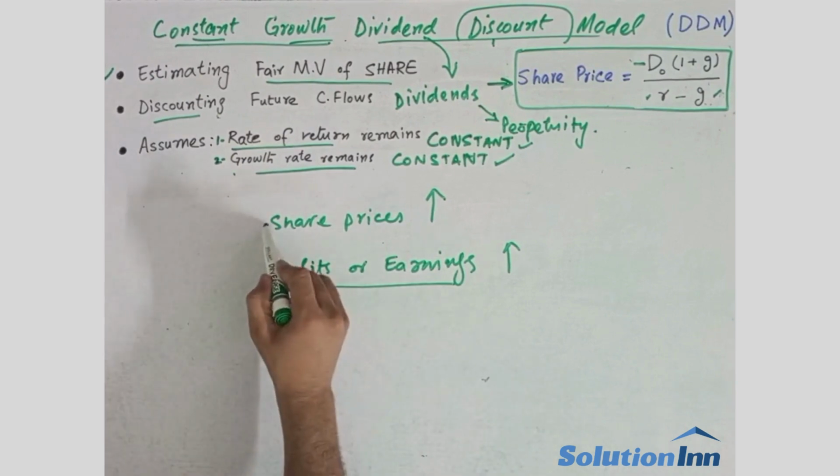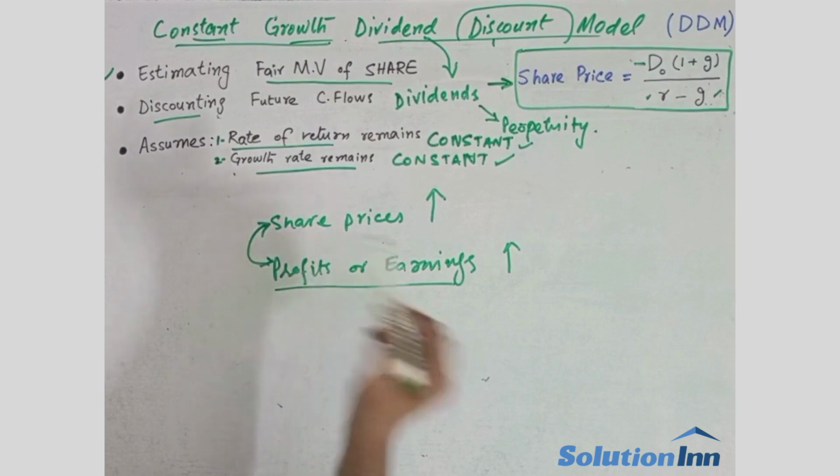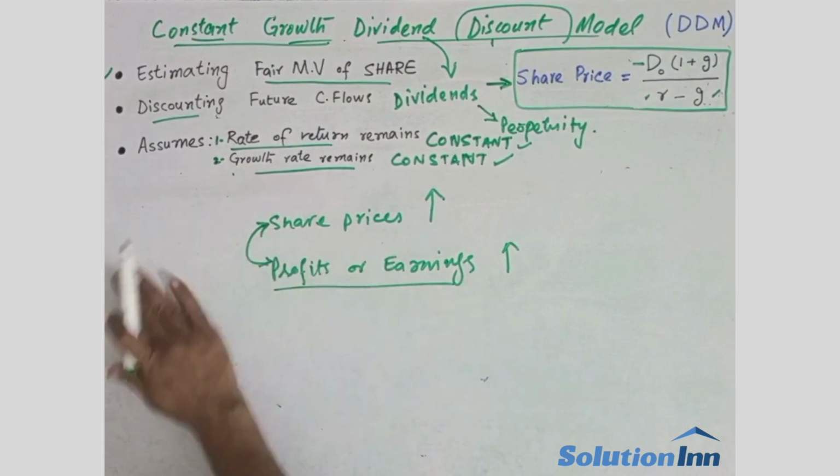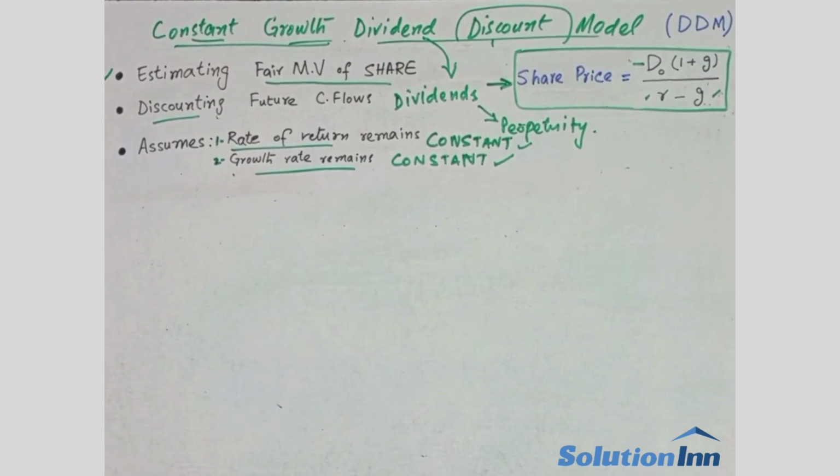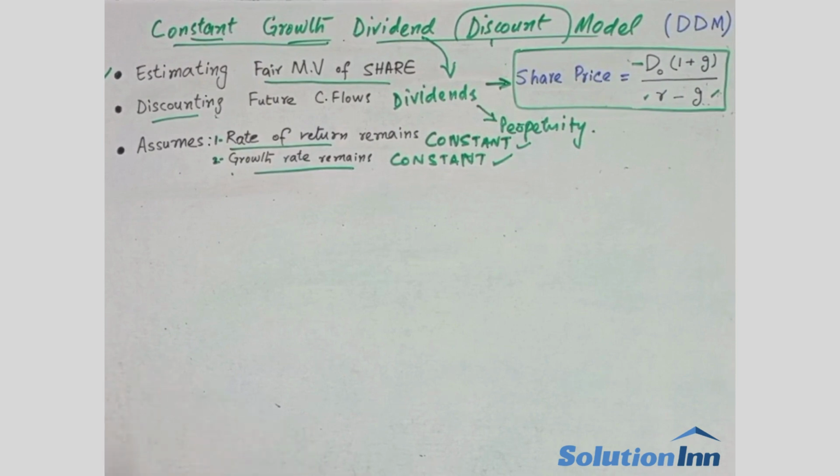There is a relationship between these two. Fine. Let's move on. The amount of dividend can be either fixed for perpetuity, or it can grow with respect to time.